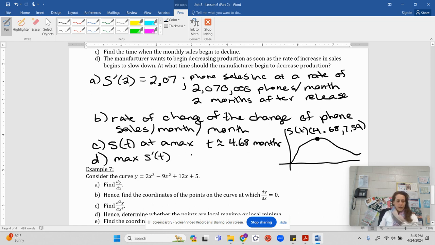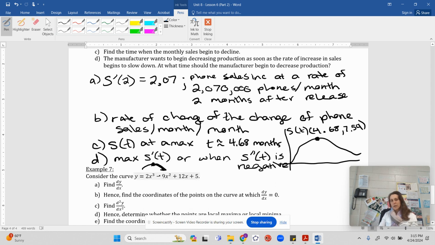Or you could also find when S double prime of t is negative or becomes negative. They are the same thing. So the max of S prime of t, after that, we have decreasing after that.